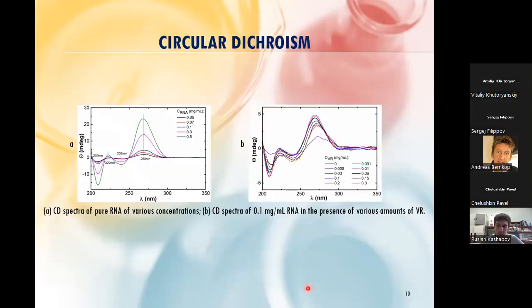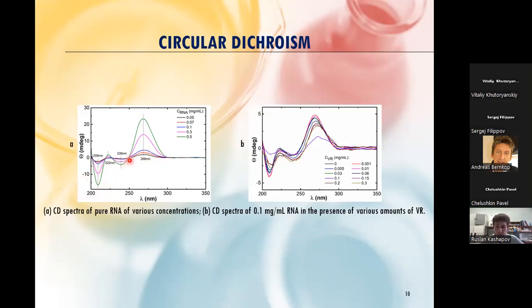Morphological change in RNA and the action of microcycle can be traced using circular dichroism. The spectrum containing a negative band at 209 and 239 nanometers, as well as the positive maximum at 268 nanometers, indicates that the NEA in pure solution is in A conformation.